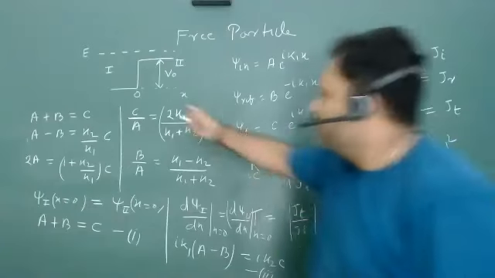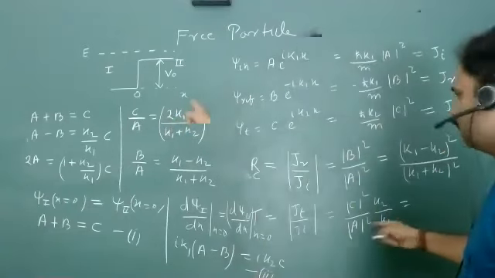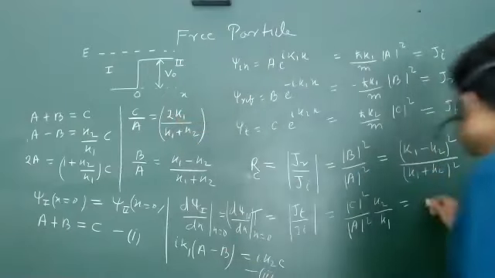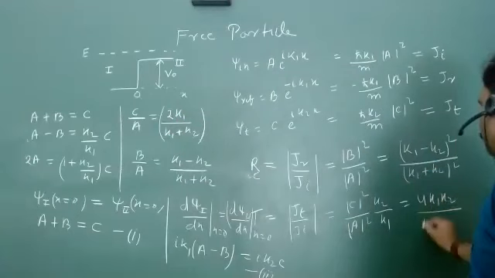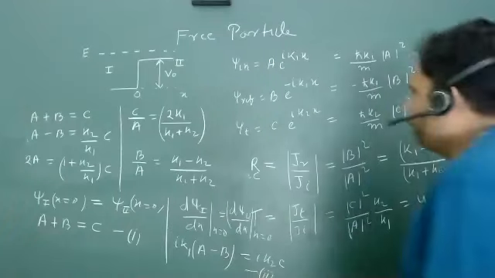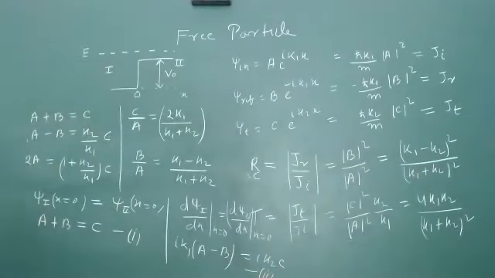And here you take the square, then the k1 square cancels with the k1 square, and what remains is 4. So that will be 4 k1 k2 upon k1 plus k2 whole square. If you have any doubt up to this, you can ask me. Otherwise, I have to erase this and analyze all of it.